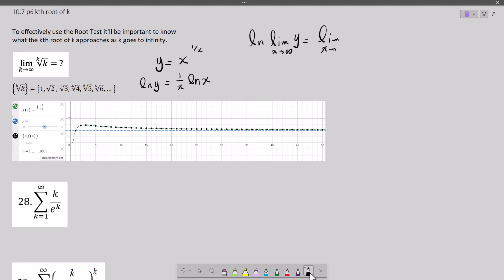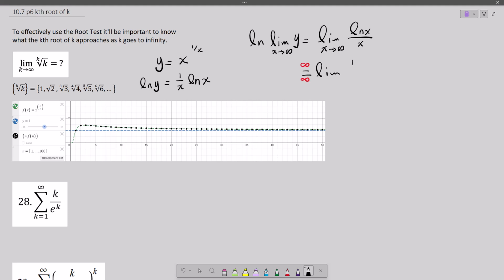And on the right side, we're hoping for L'Hopital. Can we use L'Hopital on the right? We have infinity over infinity. Yeah, that's L'Hopital. So by L'Hopital's rule, we have infinity over infinity, so we take derivatives.